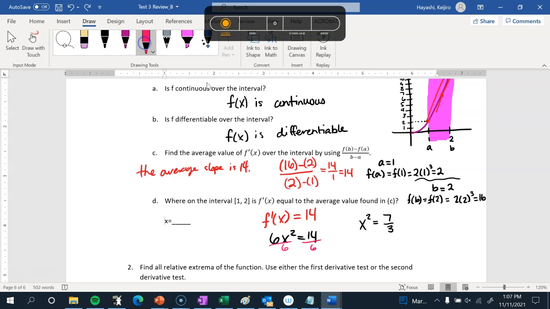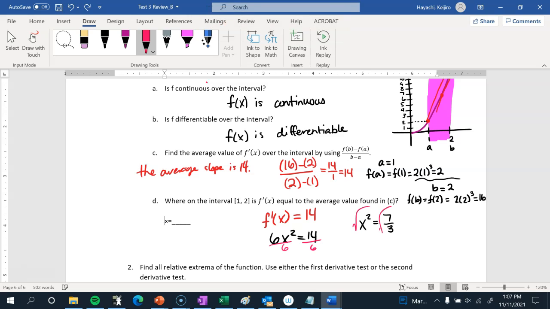So if we take the square root of both sides here, we'll get that x can be the negative square root of 7/3 or the positive square root of 7/3. Except the negative square root of 7/3 is not on the interval from 1 to 2. It's not in between 1 and 2.